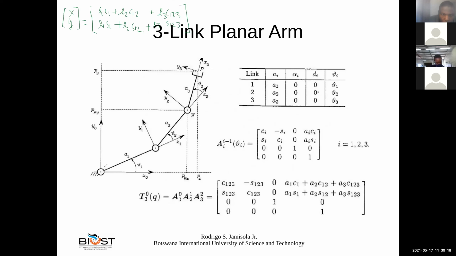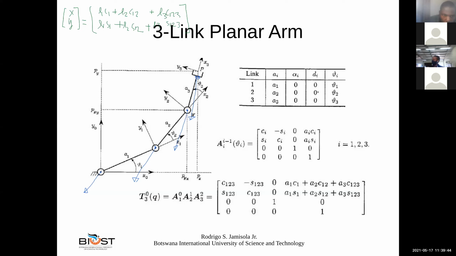So for all of these rotations, all of these joints, you'll have a Z, another Z, another Z, and another Z that is just parallel. And the origins, for convenience, we assign them at the joint itself.